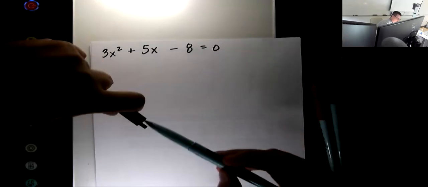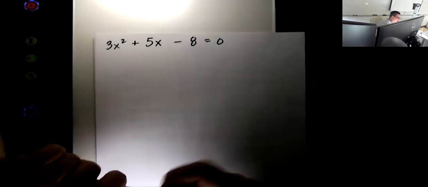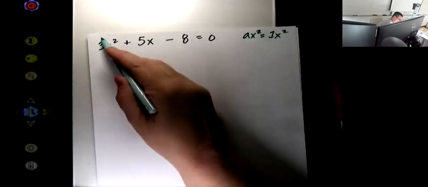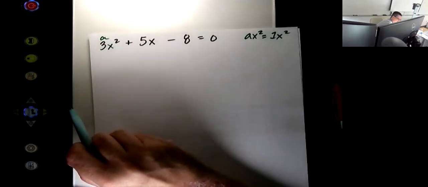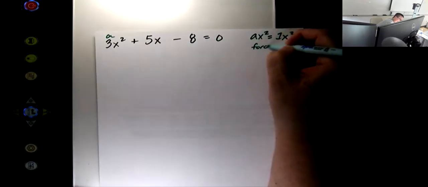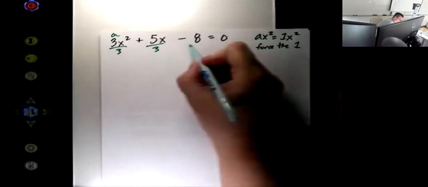But we did only one problem like this, so I thought I'd walk you guys through this together. What we want to do first, completing the square really only works when ax squared is really just 1x squared. I want the number in front to be a 1, which means I have to force it to be 1, by dividing by 3 everywhere, including the right side.